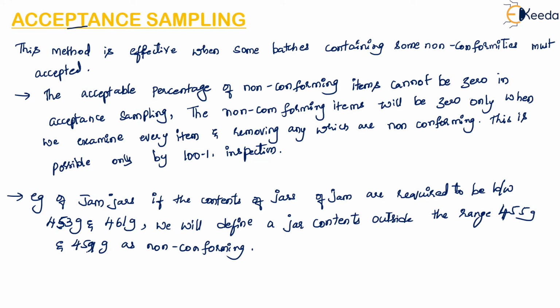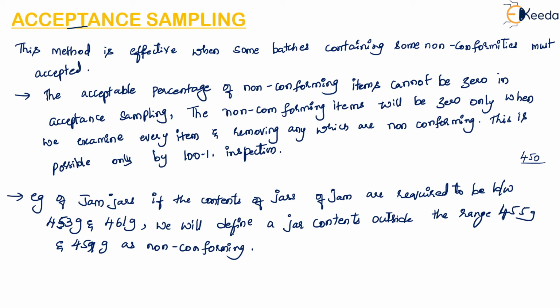For example, if it is 450, then it is non-conforming, outside the range of these values. So we will make it non-conforming.